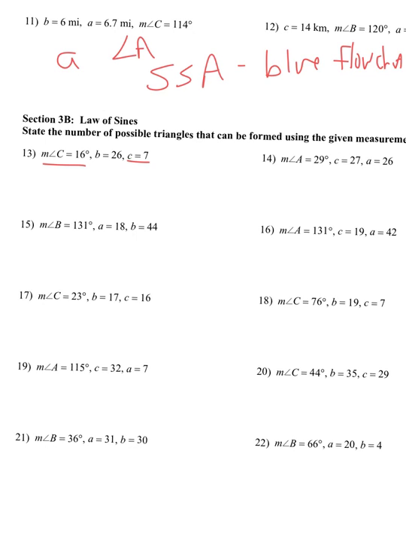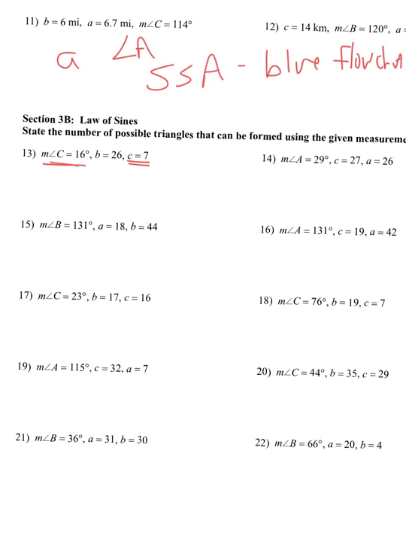Okay, so I'm going to first draw a little triangle. We're given angle C is 16, side B is 26, and side C is 7.